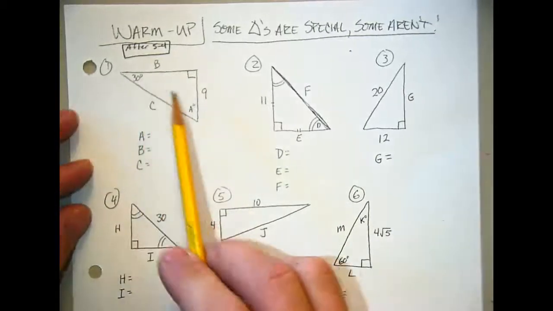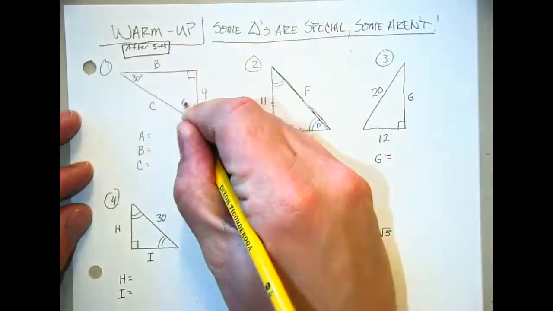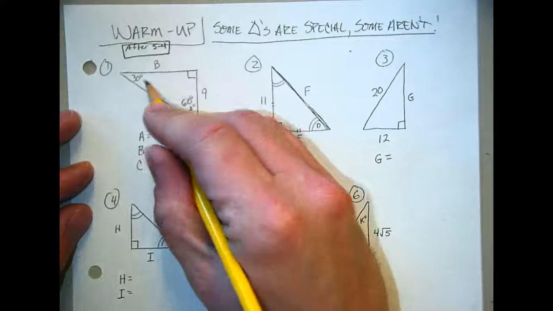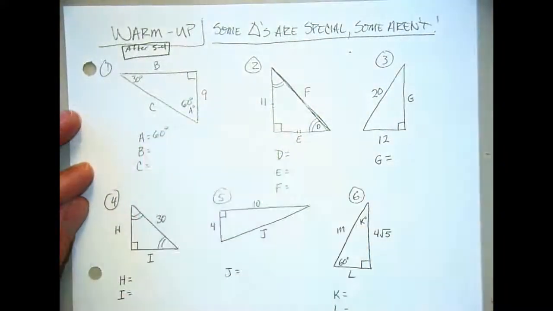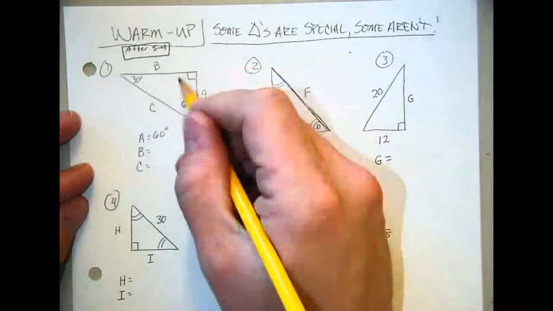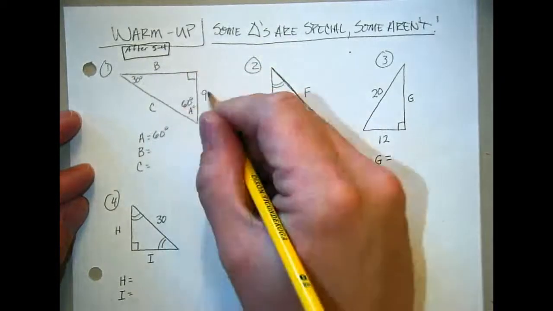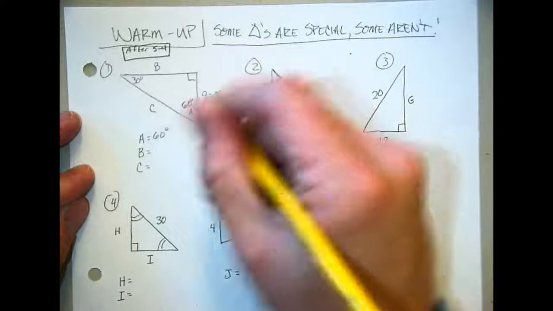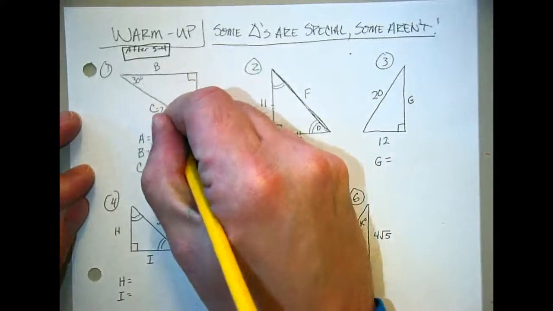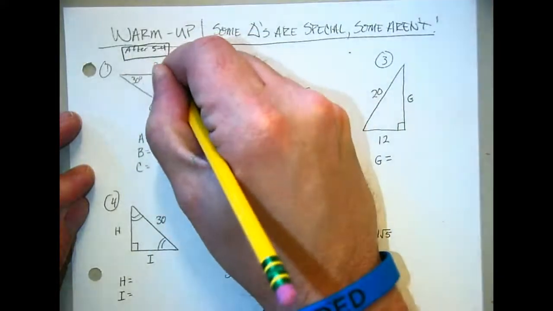What is A? 60, right? We've got 90 and 30, so this one has to be 60 to make 180. That is 60. Letter B. In a 30, 60, 90, this side is equal to x, this one is 2x, and this is x root 3.